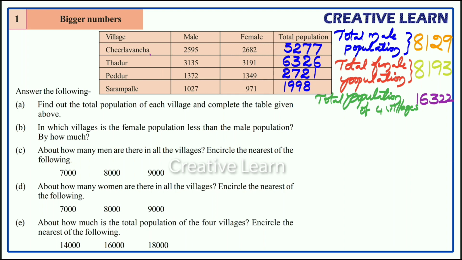Next, second village, Taduru. In Taduru village male population is 3135 and female population 3191. Here the female population is greater than the male population. Leave it. Next, Pedduru. Male population is 1372 and female population is 1349.